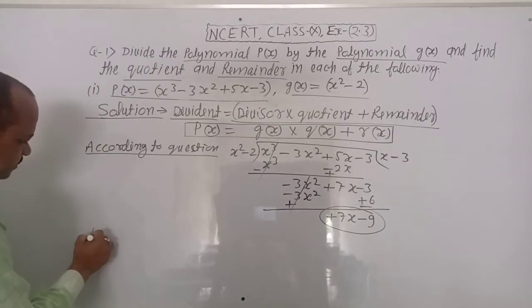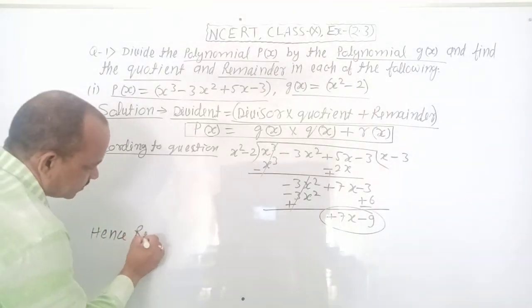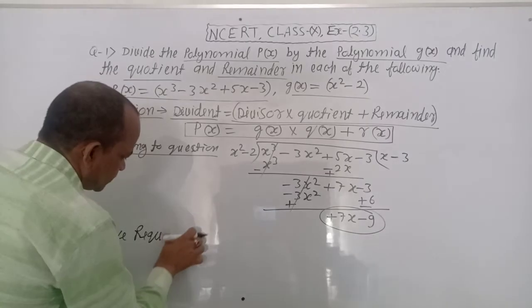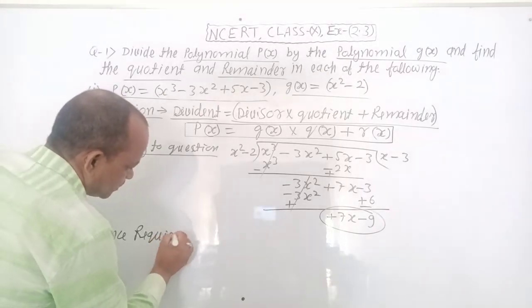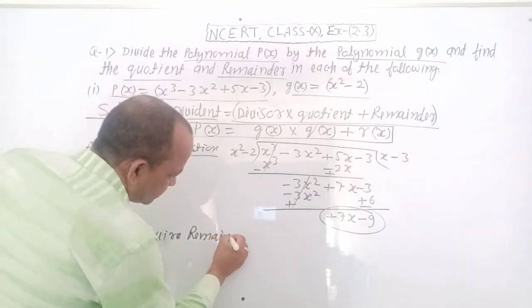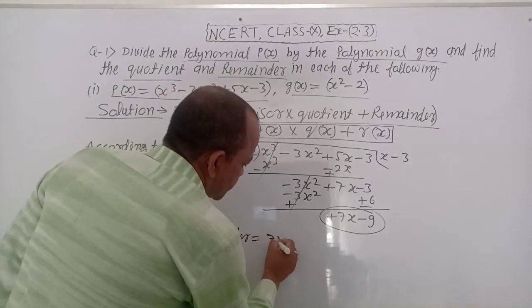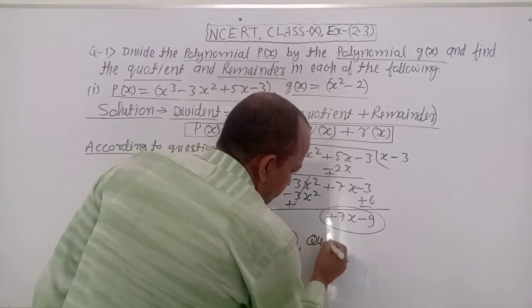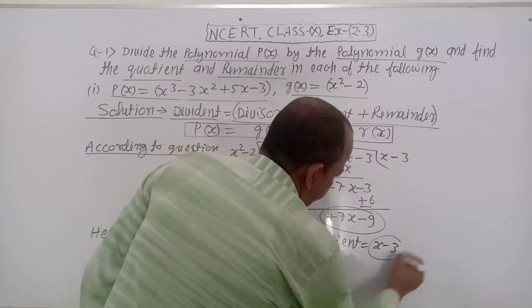Hence, the required remainder equals 7x minus 9 and the quotient equals x minus 3.